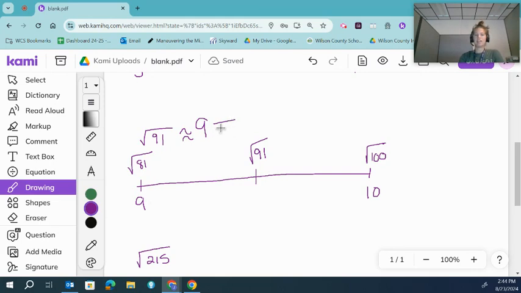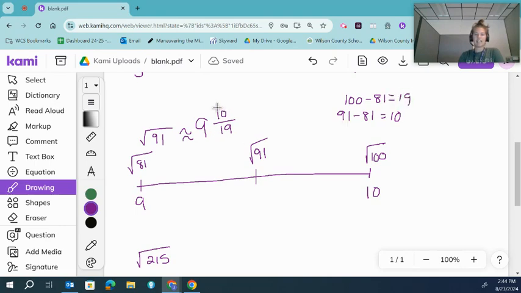My denominator is going to be the number of spaces between 81 and 100, which we can get by doing 100 minus 81. That is 19, so there are 19 spaces between there. And 91 is partially between, so the part that it is between is 10 because 91 minus 81 equals 10.